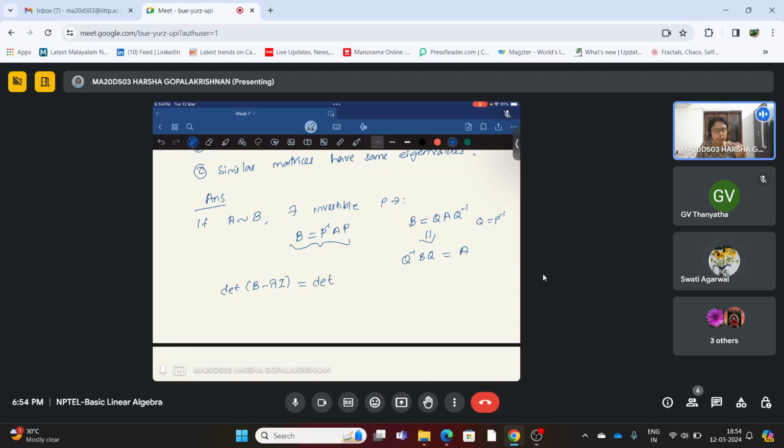So we get the determinant of P inverse AP minus lambda I. Now, can you think how we can extract A minus lambda I? What we need is, in I we can replace it with P inverse P. So I is nothing but P inverse P. Now what can we do?